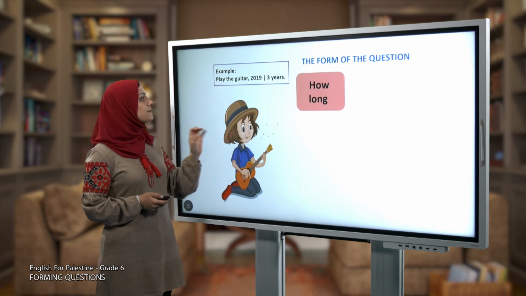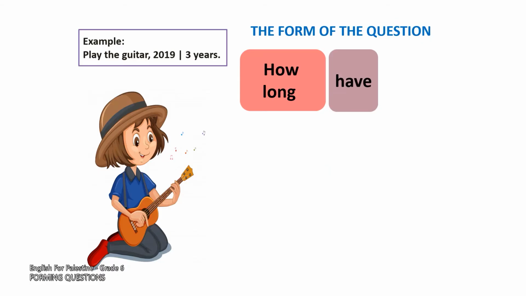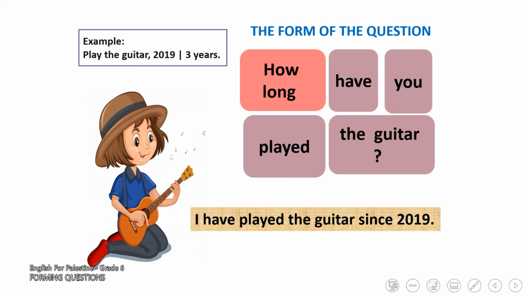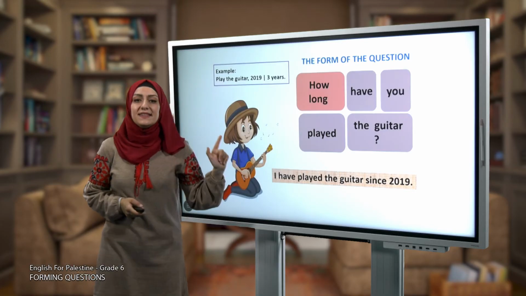Now let's practice. We have an example. Here the boy is playing the guitar. He started playing the guitar in 2019. Now we will ask the boy how long. How long have you played the guitar? We ask this boy, how long have you played the guitar?